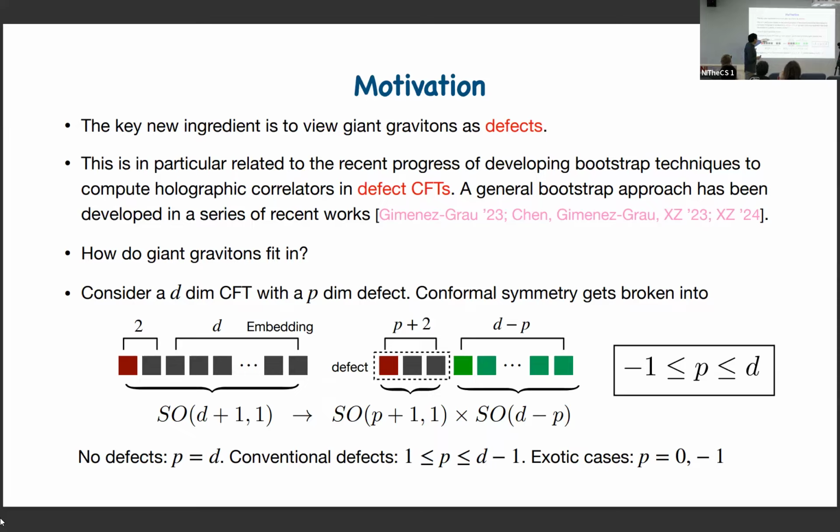Here I'm considering a defect with dimension p, and to understand what values p can take, it is useful to go to the so-called embedding space to understand how symmetry gets broken. This embedding space already showed up in Tarek's lectures. Essentially, we go to 2 dimensions higher. So if you have a d-dimensional CFT, you go to d+2 dimensions.